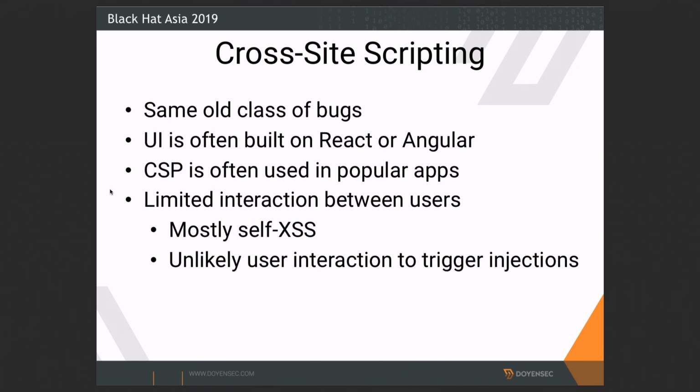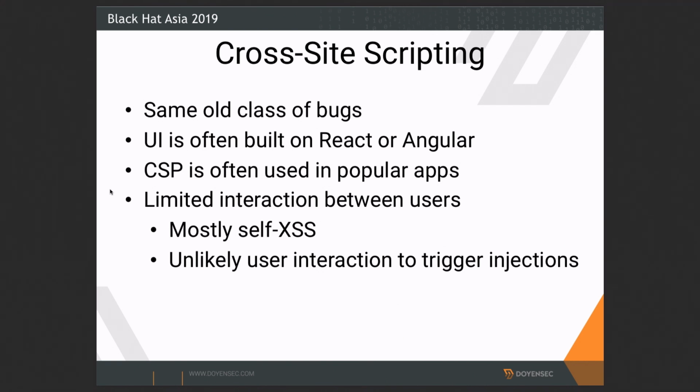Several apps use CSP as well. So it's becoming more complicated than it seems to actually obtain JavaScript execution. We talked about limited interaction. Also in the context of cross-scripting, it's often something that can be triggered by the user itself, which makes it not very useful as an exploitation vector.